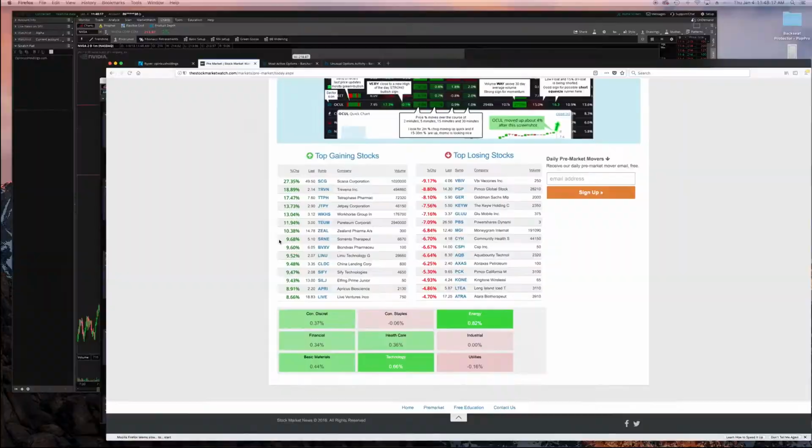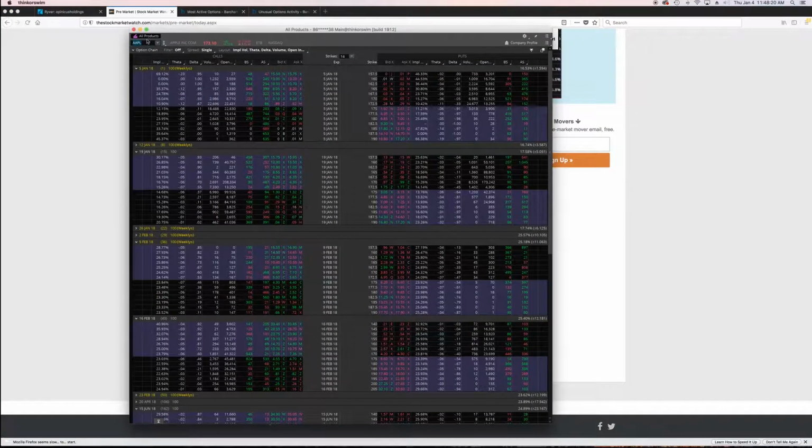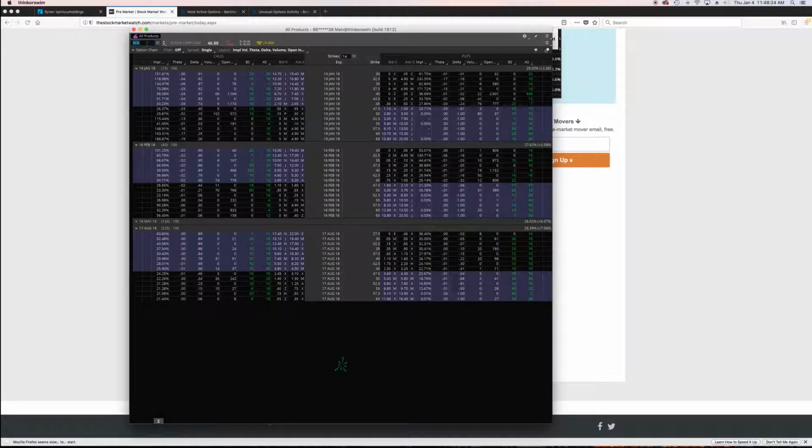And we'll go over here, and I'm looking for liquidity on options. See, these options have almost no liquidity. There is some open interest here, but I would not personally trade these options.